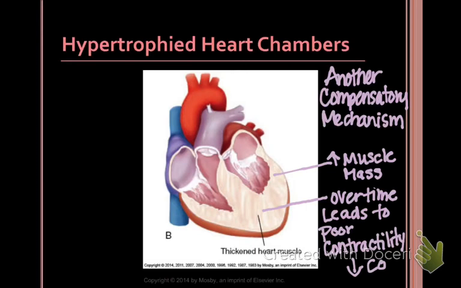So what happens with more muscle? It requires more oxygen to perform the work. So over time, your hypertrophic heart muscle has poor contractility, requires more oxygen to perform work, has poor coronary artery circulation, and the tissue becomes more easily ischemic. And there you go, you're more prone to dysrhythmias.